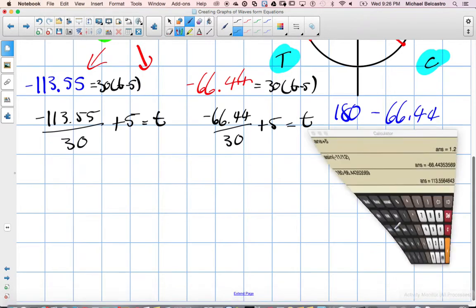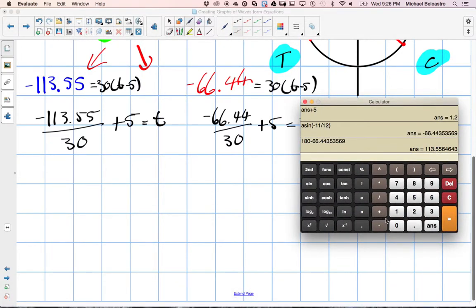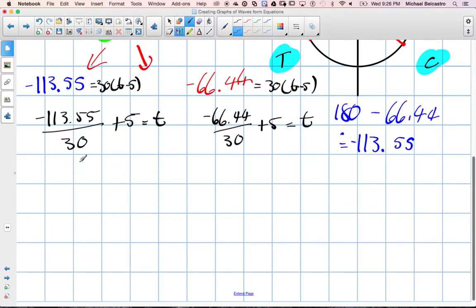So when we go to solve these, we'll take our negative 113.55 divided by 30. I'm using very accurate values here. Then I'm going to take that number and add 5 to it. And we get approximately 1.21. So t is equal to 1.21. That's one of the values.